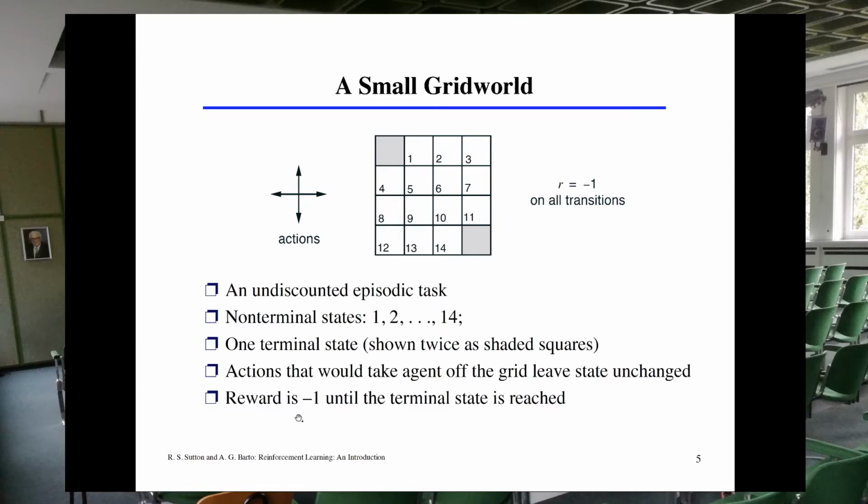And as I said before, the reward is going to be -1 every time you apply an action, until the terminal state is reached. So even when you are in 14 and you apply go right, you will get again -1. If you are in 14 and you apply go down, you get -1, even though you remain in state 14.